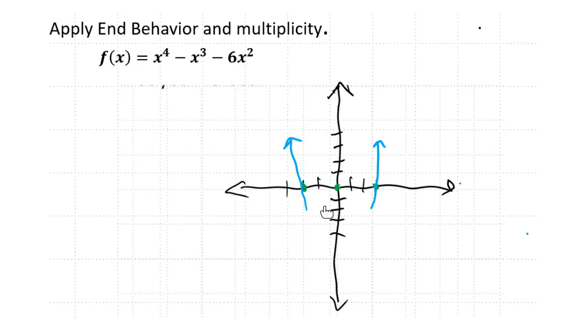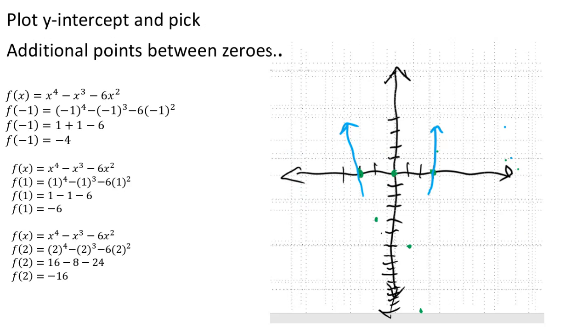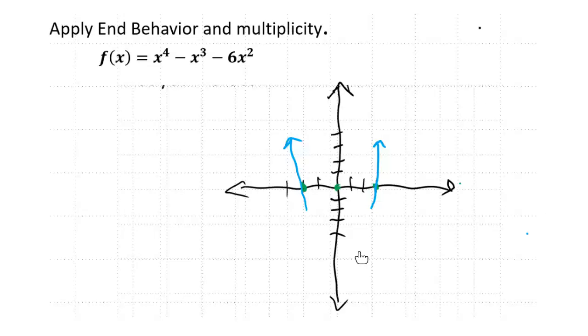Now I need to figure out what's going to happen in here. Okay. In order to figure that out, we need to plot our own extra points, right? And remember, to make a good guess, you want to plot points between these zeros here.